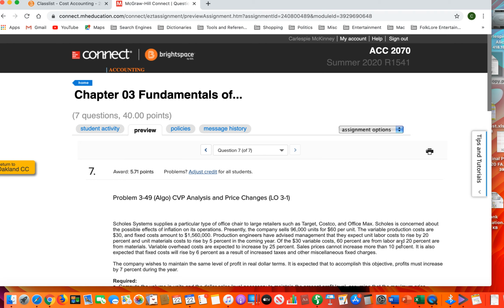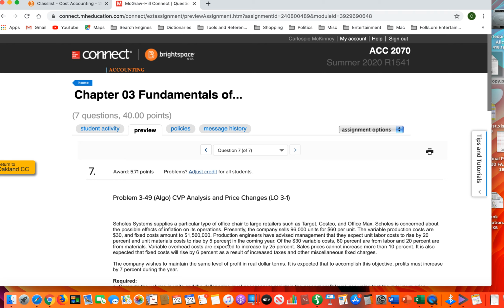I'm trying to see here. I'm reading this. Oh, labor cost is going to rise by 20%. So you're going to take 18 times 1.20, and it'll take you to $21.60. Oh yeah, and material costs will rise by 5%. So multiply that by 1.05.